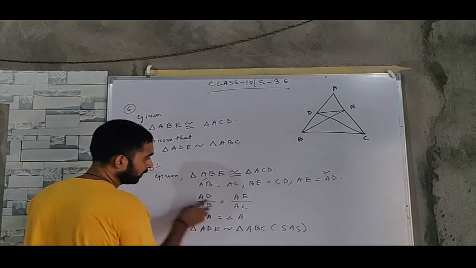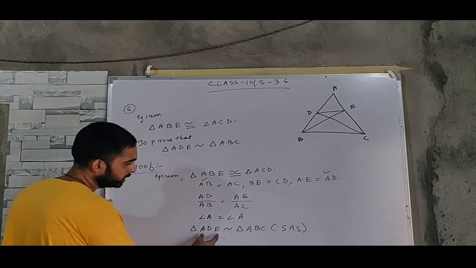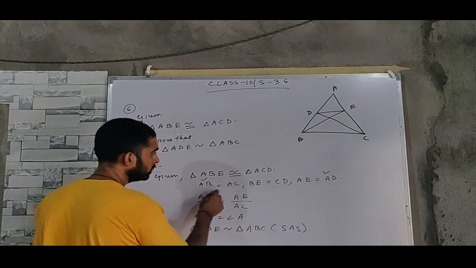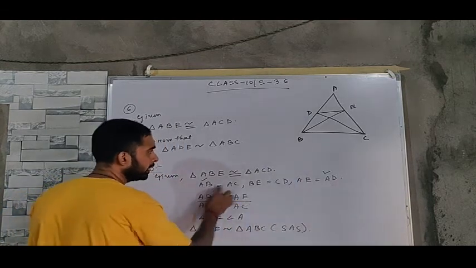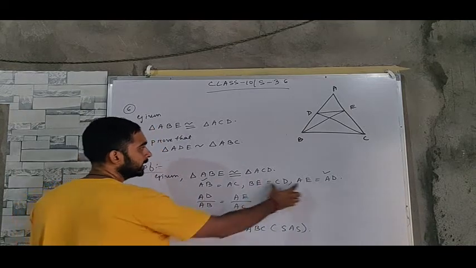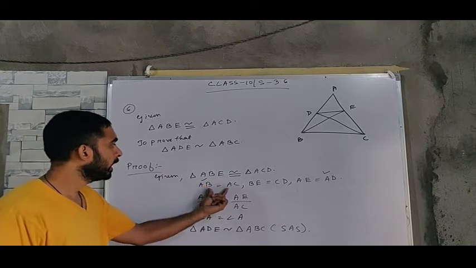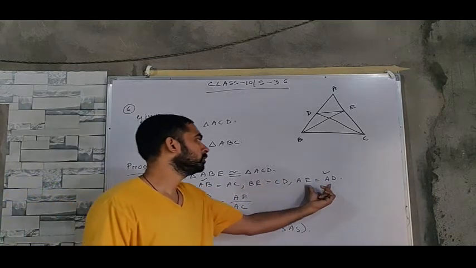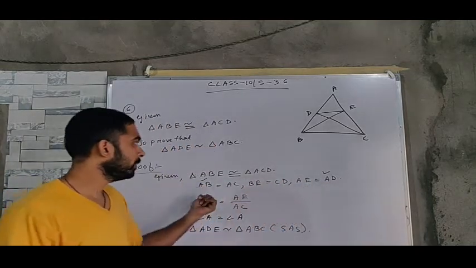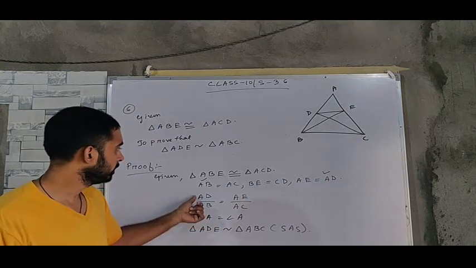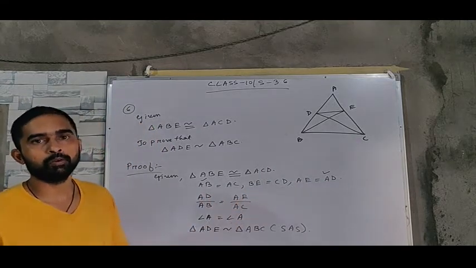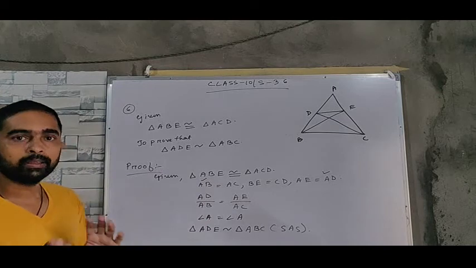So AD by AB, then AE by AC. Because they are equal sides, their ratio will also be equal. Means if this one is 5, this will be 5; if this one is 3, this will be 3. So 3 by 5 equal to 3 by 5. They may be different, maybe 1 by 2 equal to 1 by 2, but they are the same.